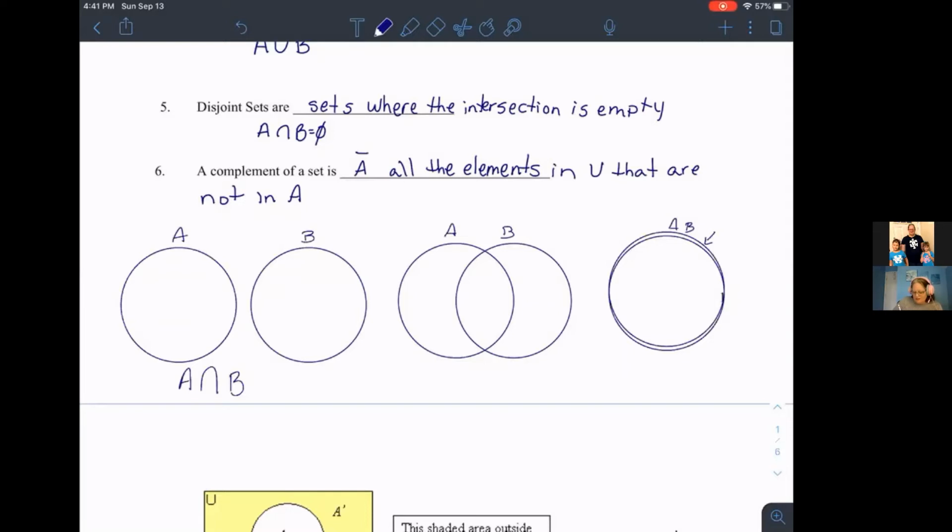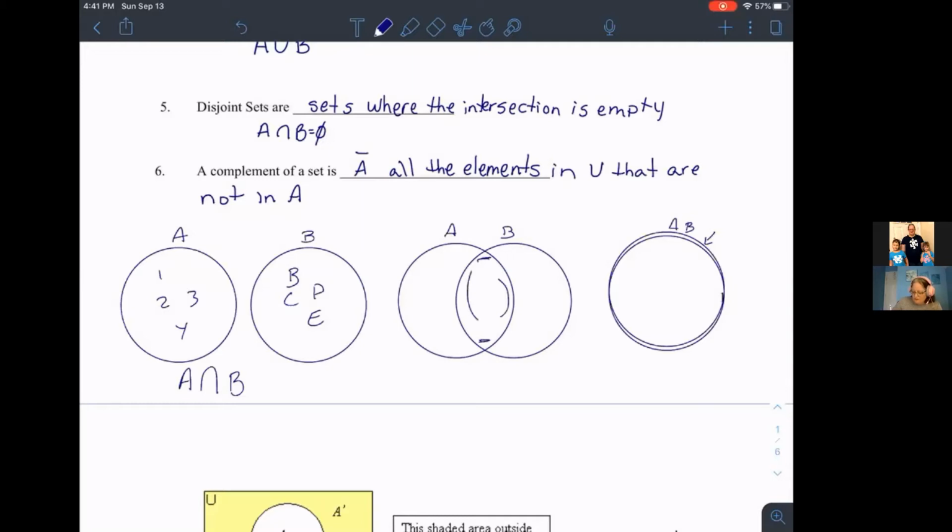So let's say A has 1, 2, 3, 4, and B has B, C, D, and E. And then in this next section, A and B might have some common elements. So there could be some commonality between the two sets in here.